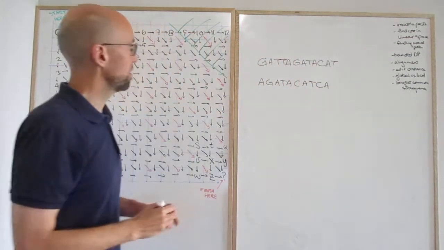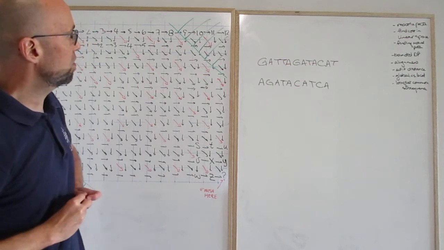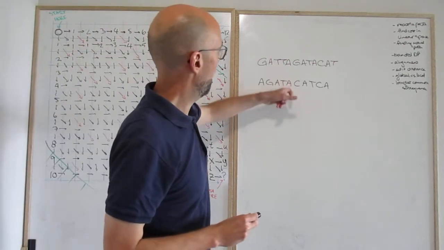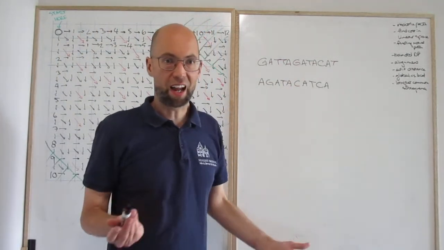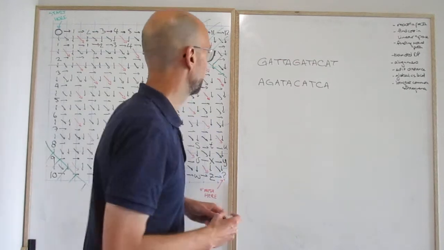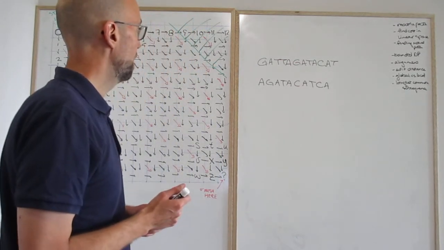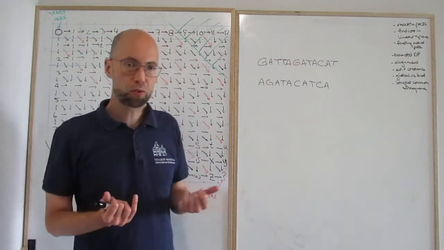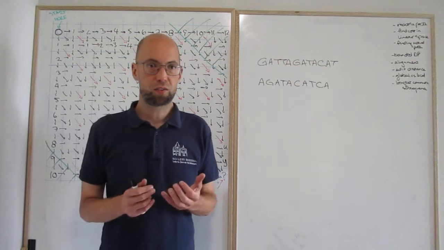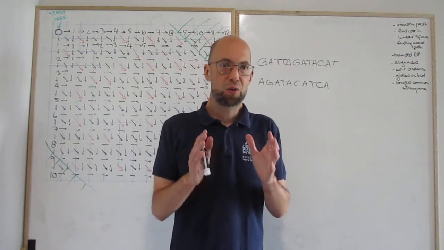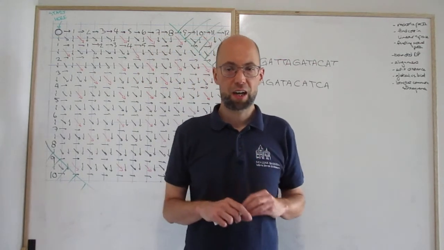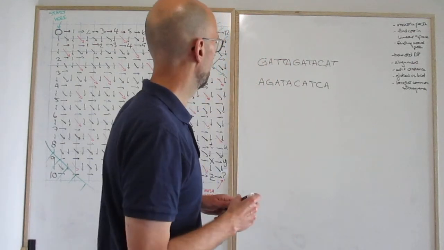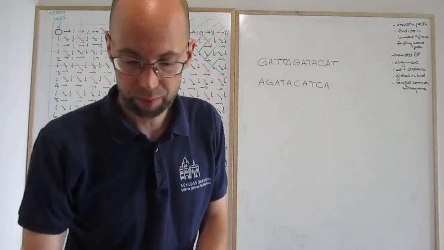Okay, and I want to know how these things might align. So an alignment of two DNA strings is sort of how you would match the characters up. So well, let's do one line. Okay.